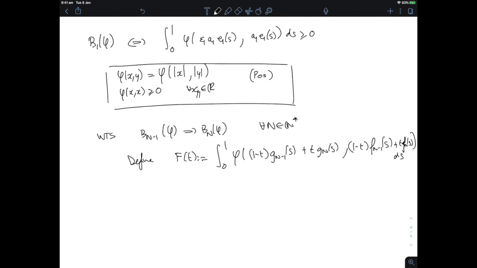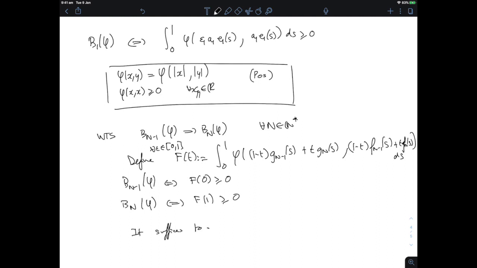Now the point is the condition Bn minus 1 of phi is nothing but the condition F of 0 greater or equal to 0, whereas the condition Bn of phi is nothing but the condition F of 1 greater or equal to 0. This F of t is defined for all t in the closed interval 0, 1. So it suffices to show that F prime of t is greater or equal to 0 for all t.